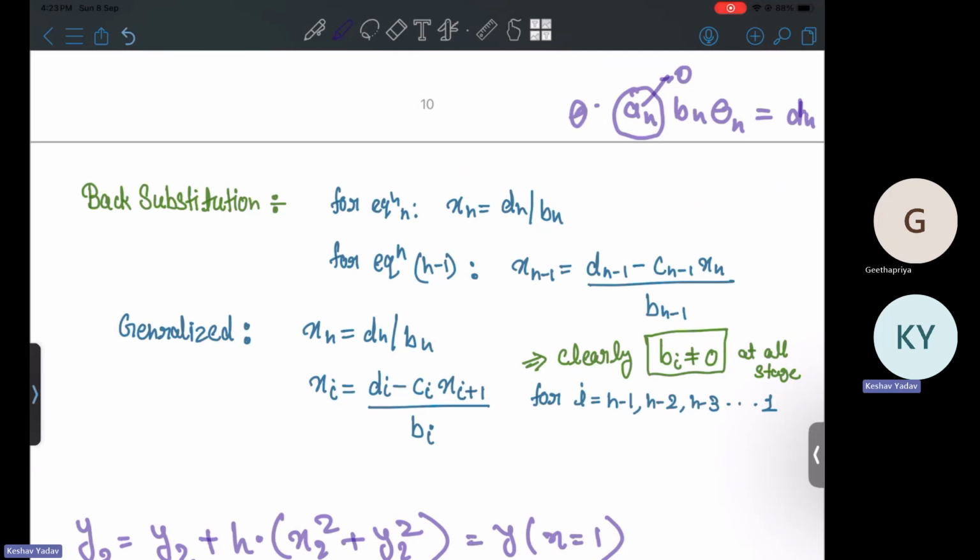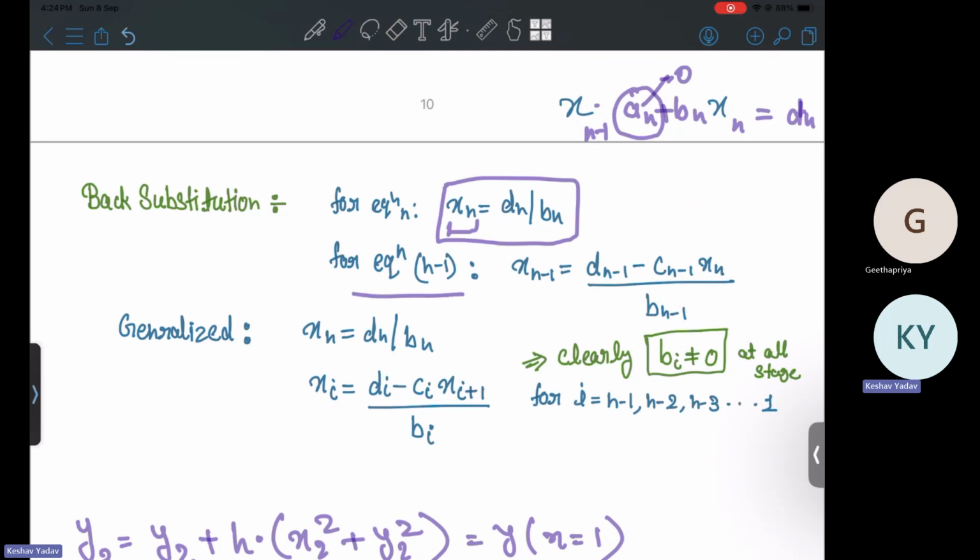Suppose here some term like theta n minus 1 was there, so this is 0. Oh, sorry, this is x, not theta. From here we will get xn equal to dn upon bn.